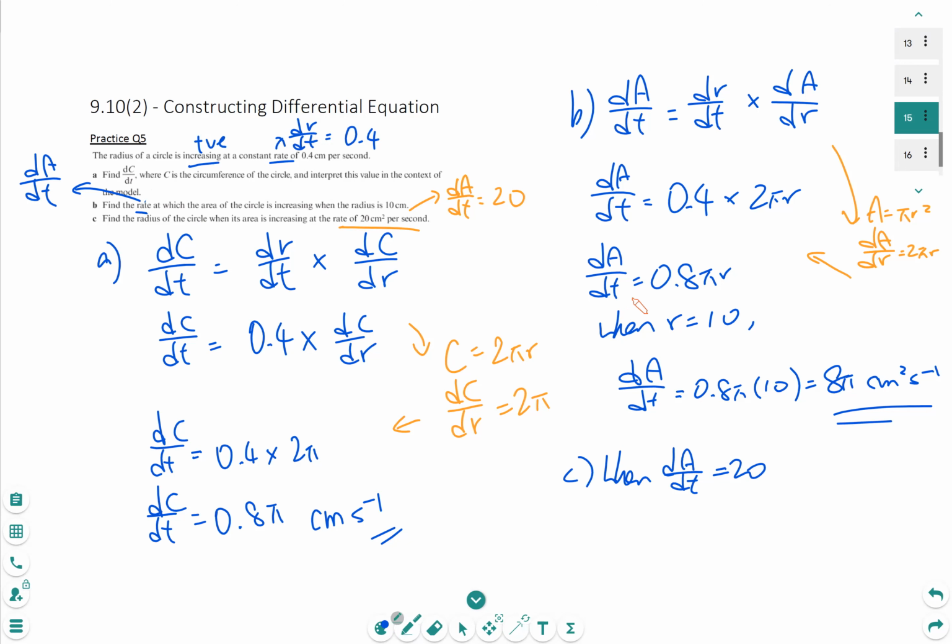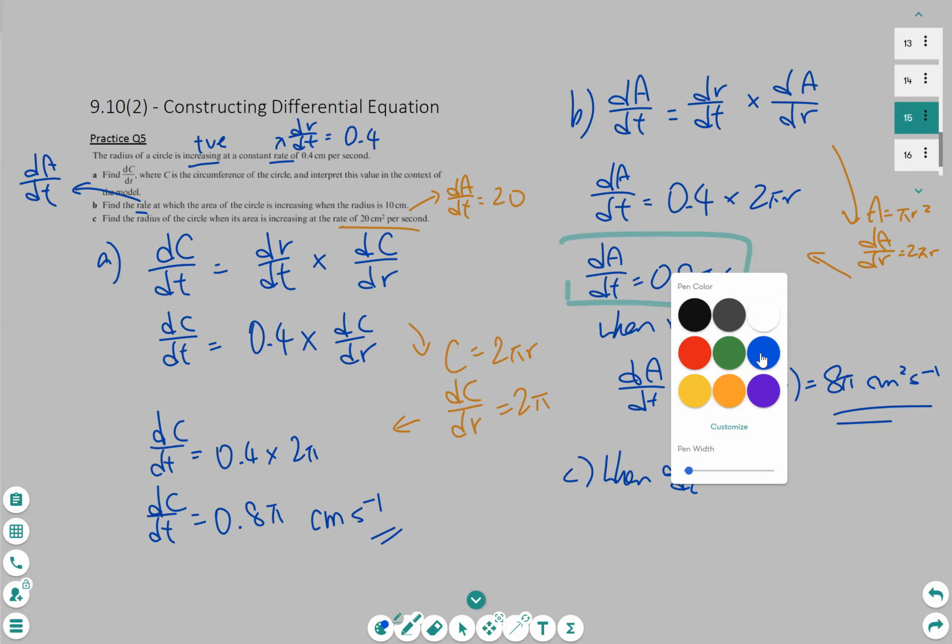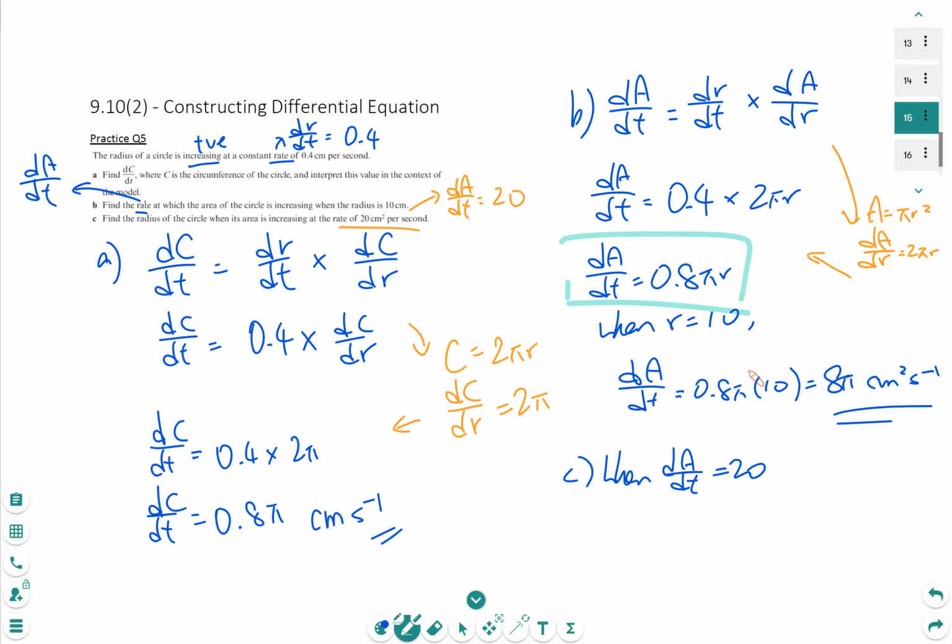Well, the only connection is from here. So we can write 20 equals 0.8 pi r. So r equals 20 over 0.8 pi. Put in the calculator, you get roughly 7.96 centimeter. That's done.